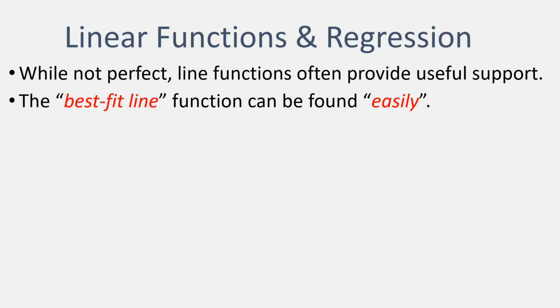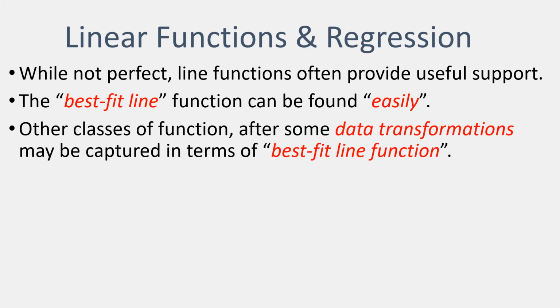We can find that quite easily. Now, there are other classes of functions we may have arising. However, it very often happens that we can make some simple manipulations with our data set, and these allow us to capture the function that we're looking for in terms of finding a best fit line function.